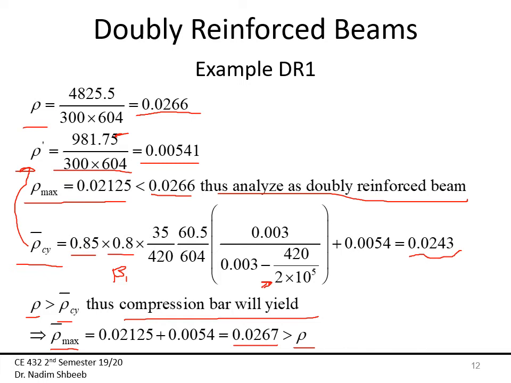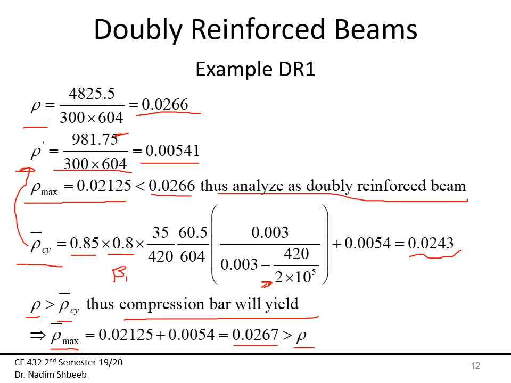You have to understand that there was a shift in the ACI 19 code, which made the rho max a little bit smaller. So previous designs, as far back as a year ago maybe, had a rho max that was a little bit bigger, which means the rho max bar was a little bit bigger.